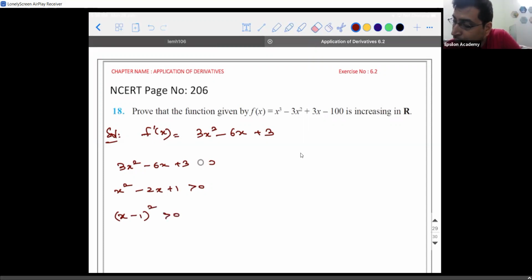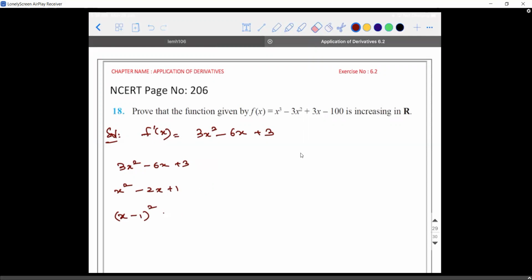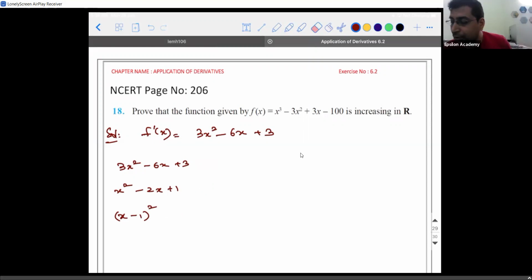So what I will do is I leave it as it is. So f dash of x is 3x square minus 6x plus 3. So 3x square minus 6x plus 3 can be written as 3 into x square minus 2x plus 1. So it is nothing but 3 into x minus 1 the whole square, which is f dash of x.